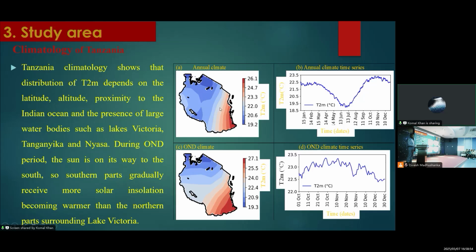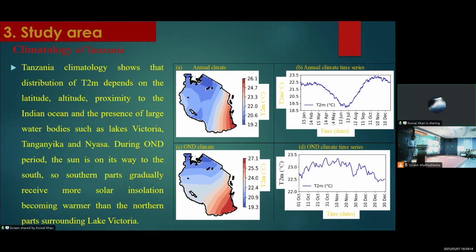The reason might be, first, that it is near the Indian Ocean. Second, it is the issue of elevation we talked about. So you see this area is warmer than the rest. And this is for OND.